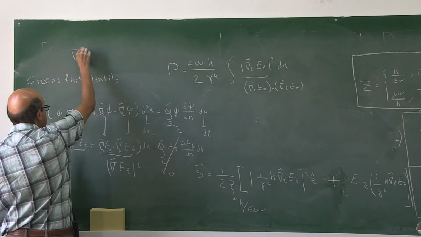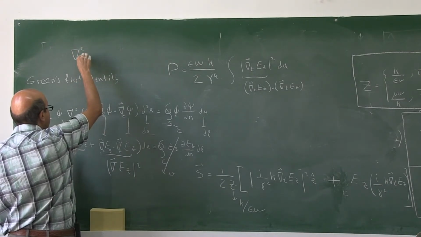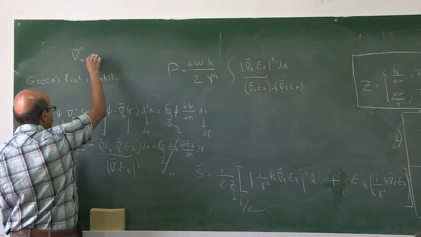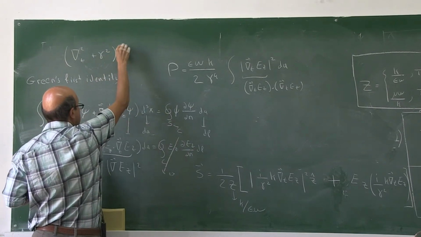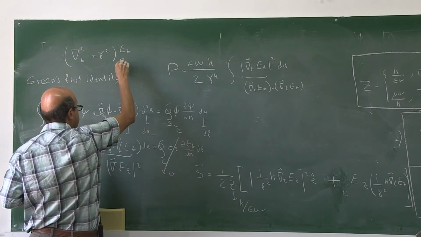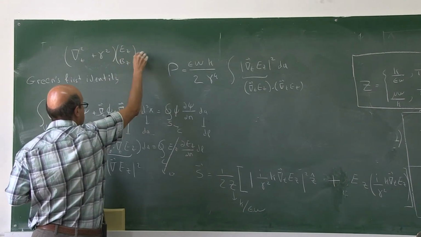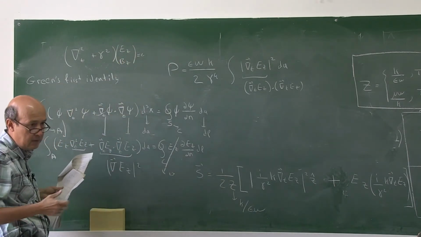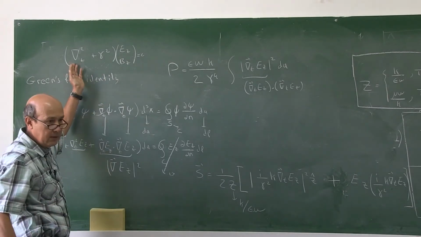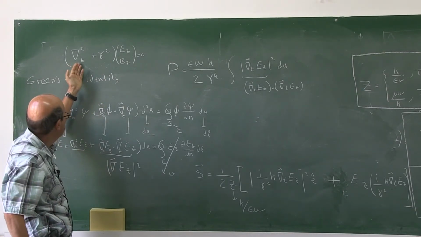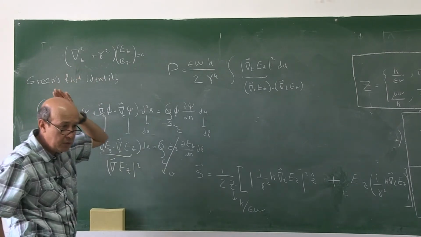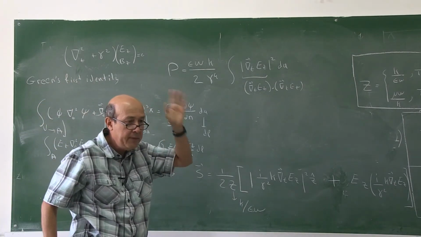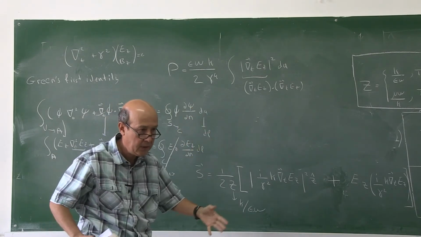I told you the Laplacian of E transverse plus gamma square, acting on Ez or Bz, has to be 0. This is the Laplacian in 2-dimension transverse, and gamma square was equal to what?